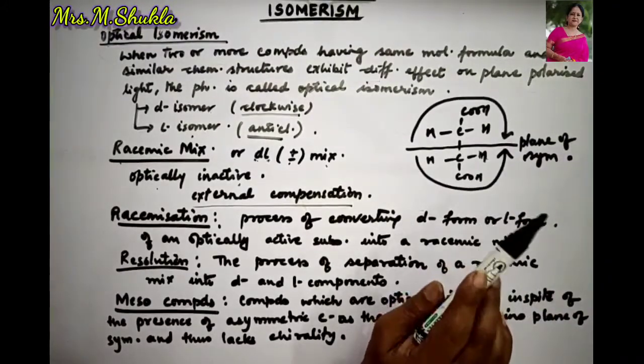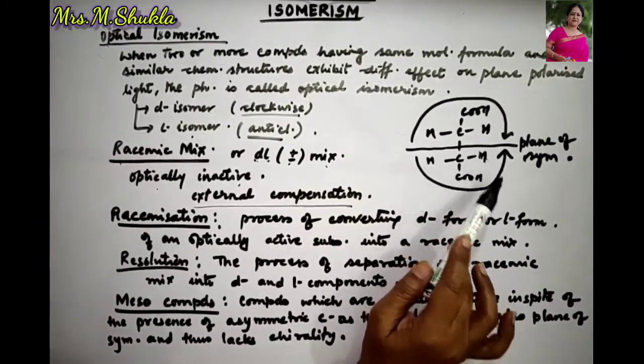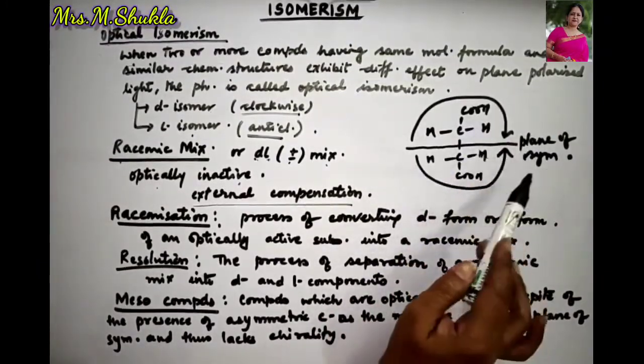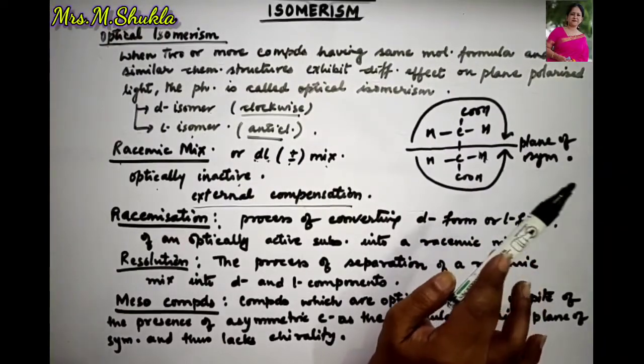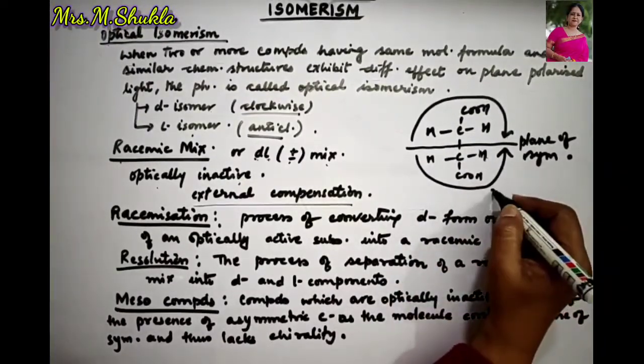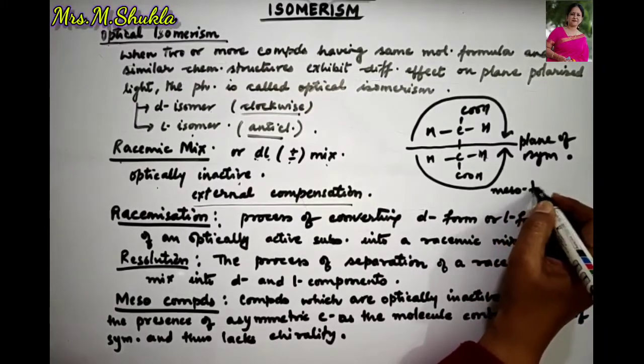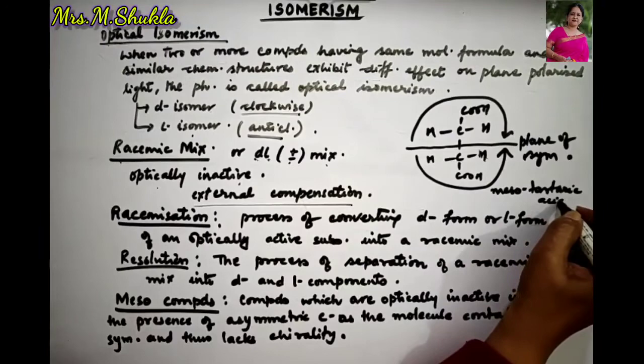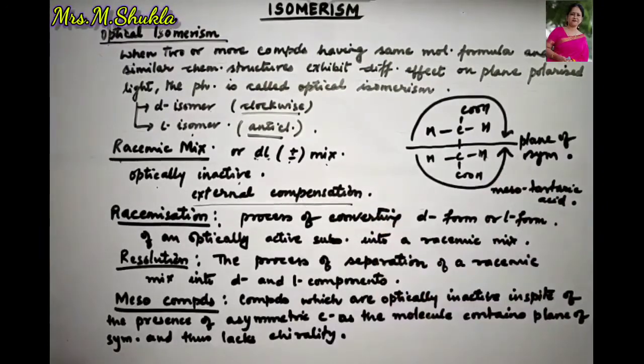So it is optically inactive. Why? Due to internal compensation. Because of its internal compensation, right? This is an example of your mesotartaric acid. I hope this is clear.